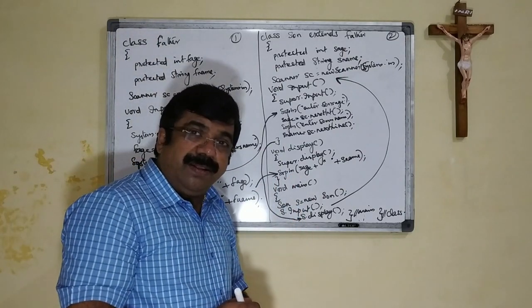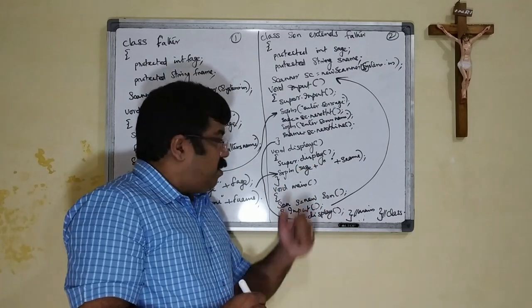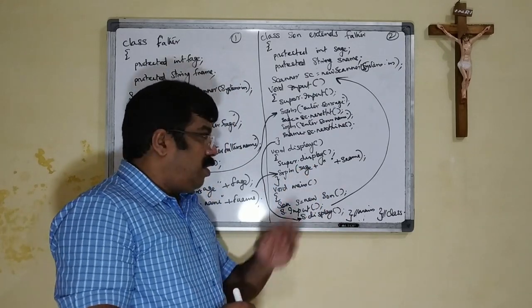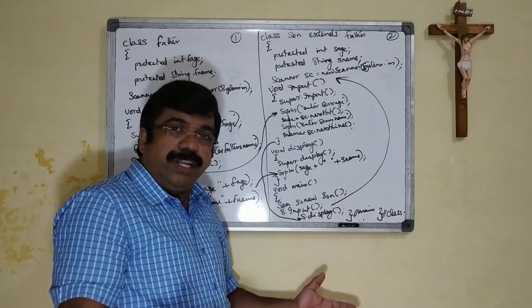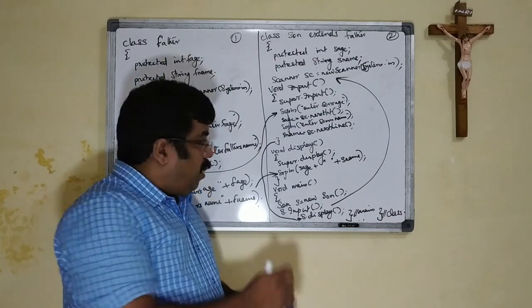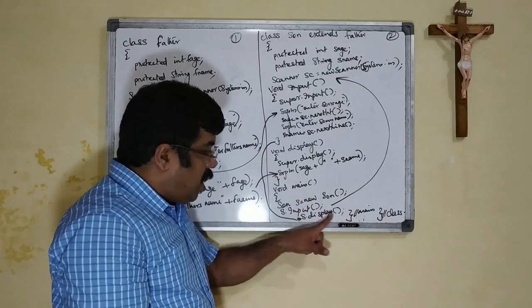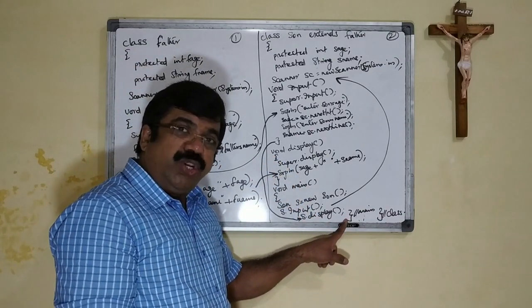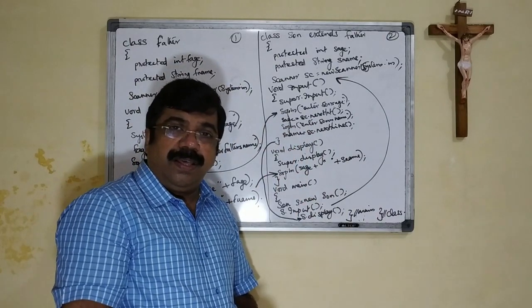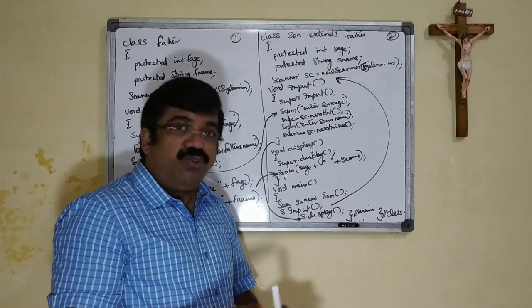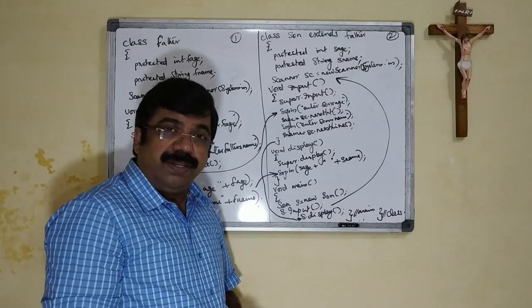Yes, we reached here. Displaying son's age and the son's name. Our display function is over. When this is over, we will come to the end of the main function as well as the class. Okay, when you write this program, you have to write it in two different screens.